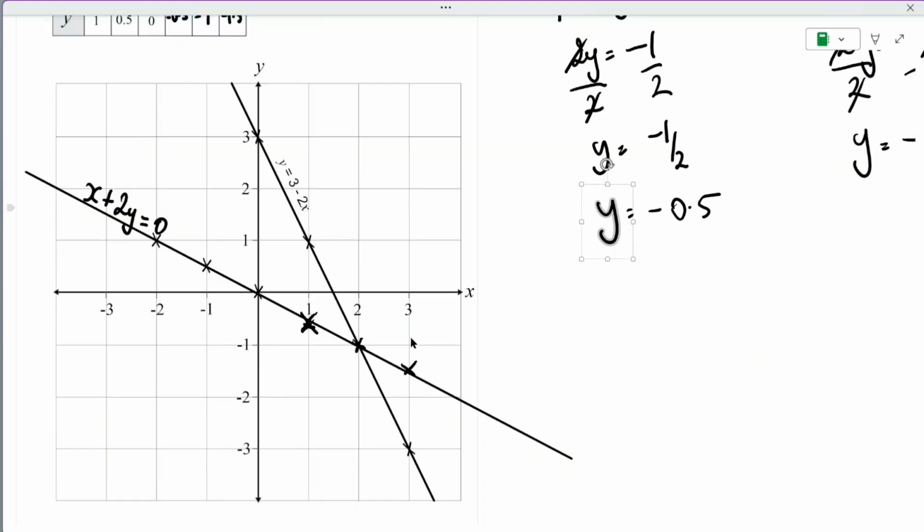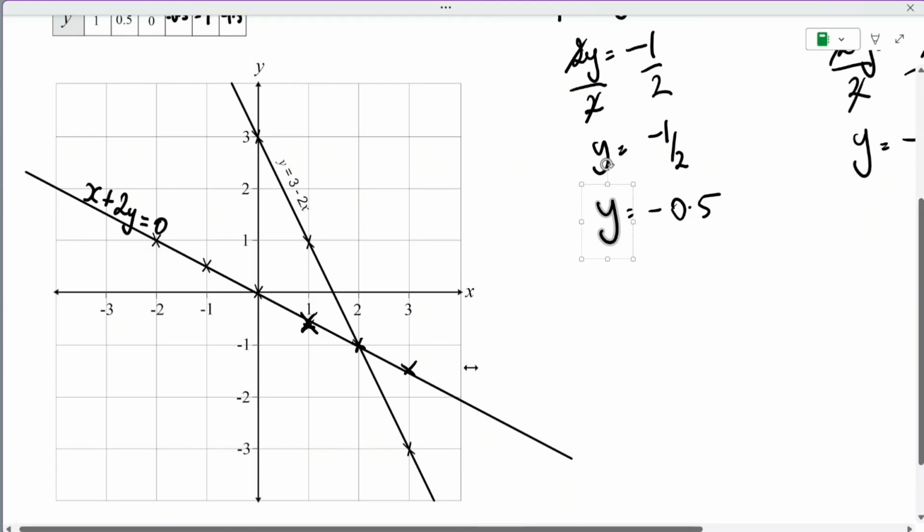Like I said in the previous question, there are actually 3 ways at this level of solving simultaneous equations questions. Now we're using the graphical method. Where the 2 lines meet, that's this line we've just drawn, which is x plus 2y equals 0, and y equals 3 minus 2x, which is here, is the point that serves as the solution to our simultaneous equations.